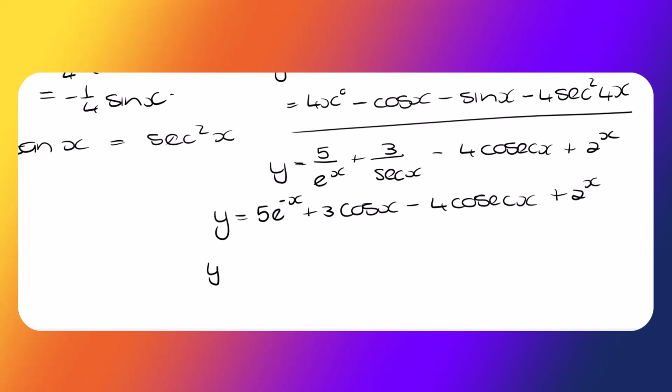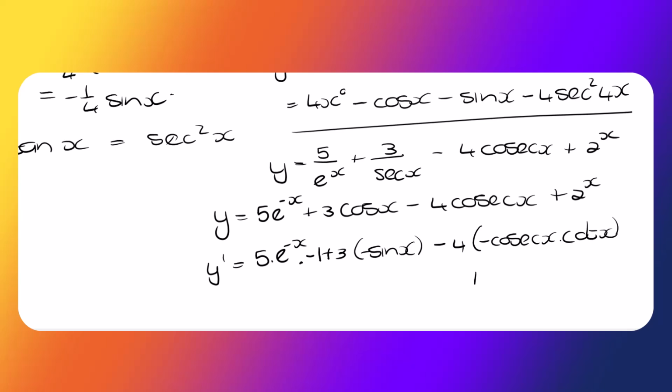So if I start differentiating, I'm going to have 5. E to the exponent negative x is e to the exponent negative x. But that x must be a positive, so I'm going to multiply with negative 1. Plus 3, if you differentiate cos, you get negative sine x. Minus 4, if you differentiate cosec, you get an answer of negative cosec x multiply cot x plus 2 to the exponent x ln 2.